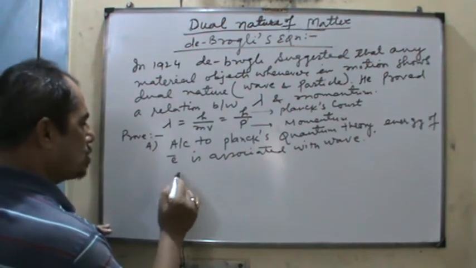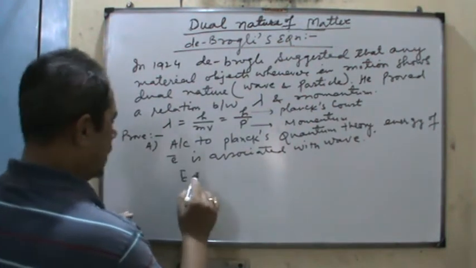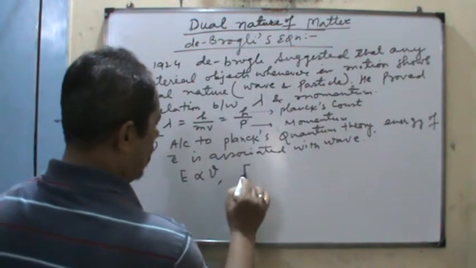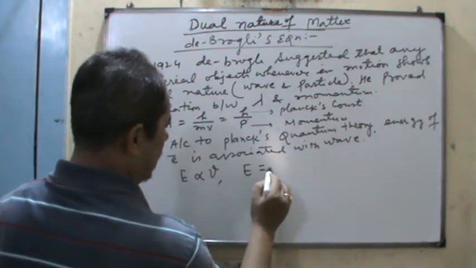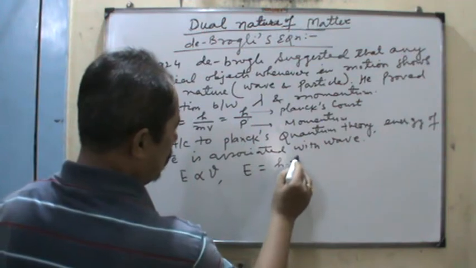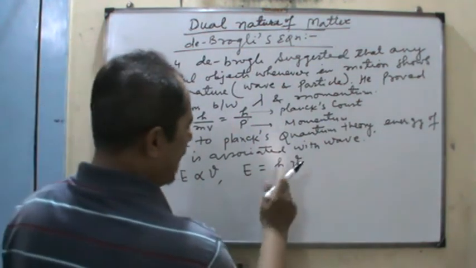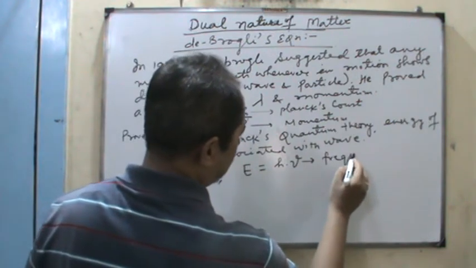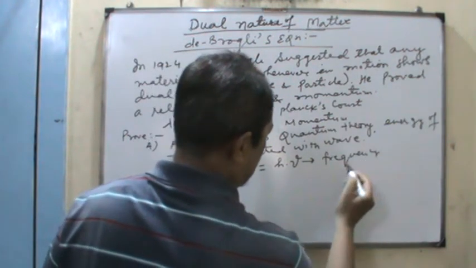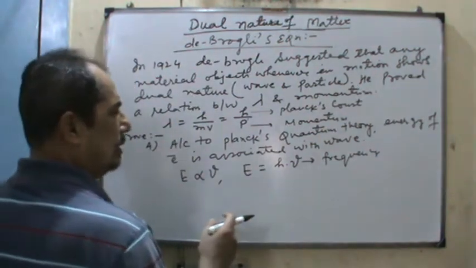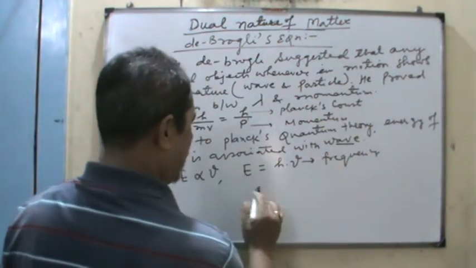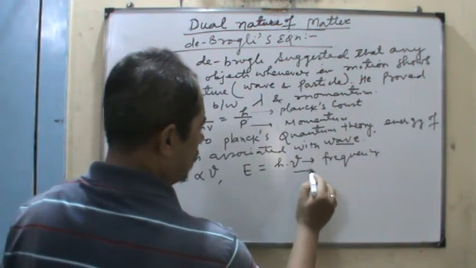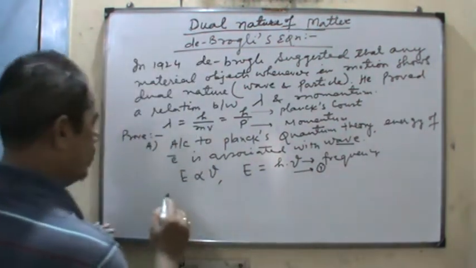Thus, according to Planck's quantum theory, energy is directly proportional to the frequency, or energy is equal to h nu. H is the Planck's constant, and nu is the frequency. So here he explained the wave character of the electron. That is equation 1.